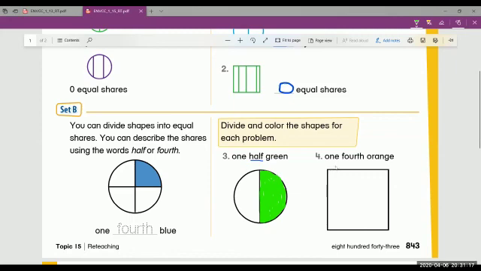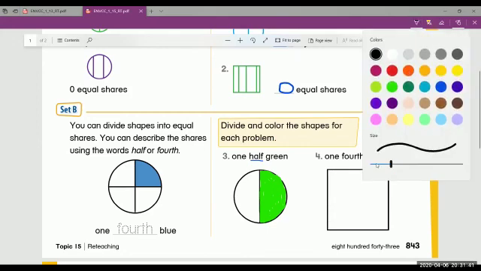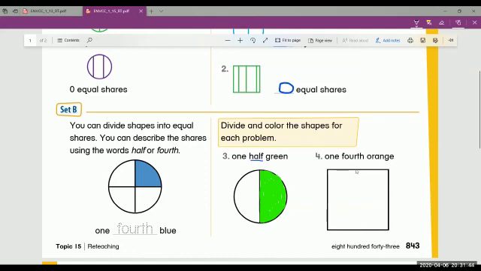Now number 4. 1/4 orange. So here I have the keyword fourth. So we will divide this shape into fourths. So here, 4 equal shares.